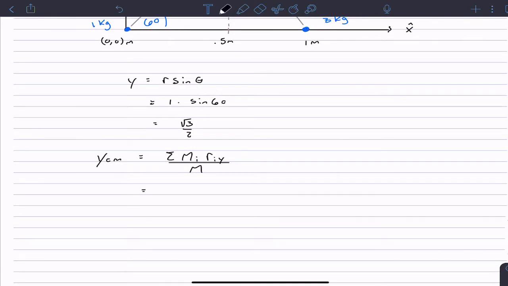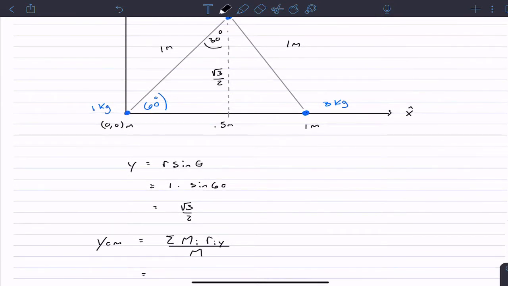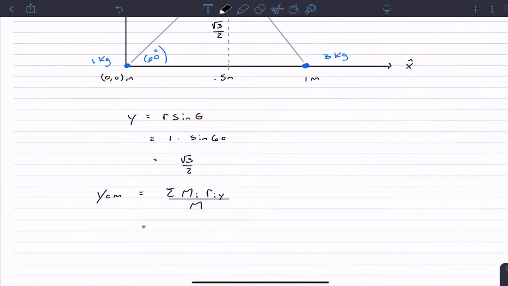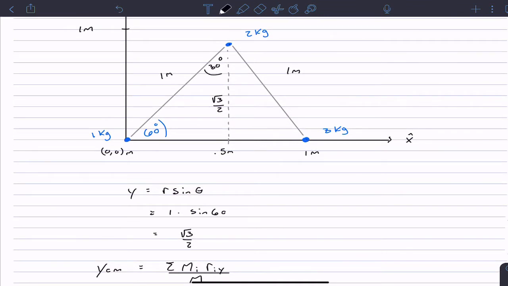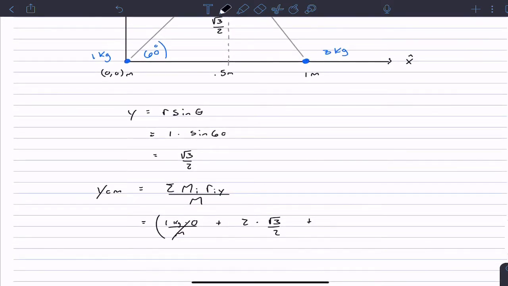So let's just slog through it. We have 1 kilogram times 0, the position. We don't need that. Then we have 2 kilograms times square root of 3 over 2. Let's just do it this way because we're going to need the total mass.